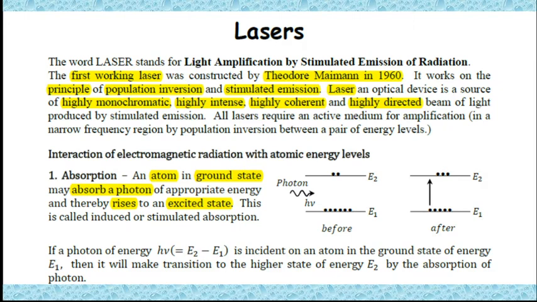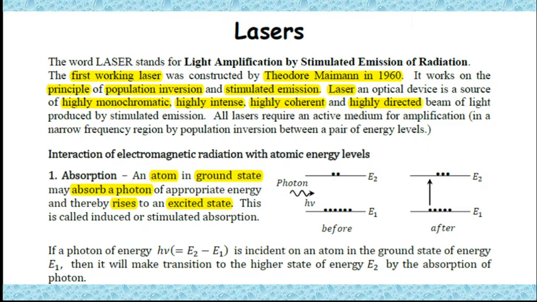If such a photon is incident on this system, the probability of absorption, or the probability of interaction of this photon, is more with the atoms in the ground state, because there are more atoms in the ground state when compared to the excited state.